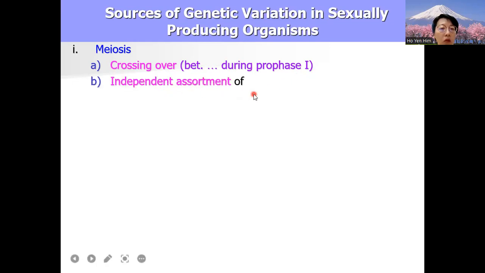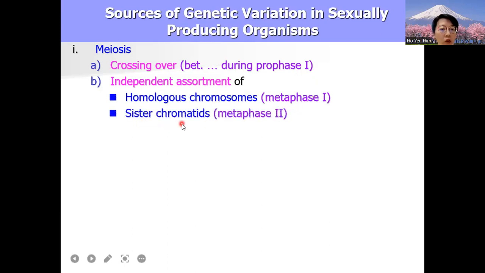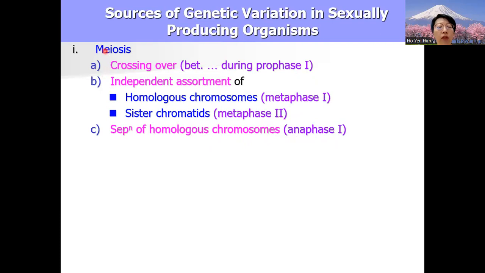Independent assortment of homologous chromosomes during metaphase 1 and sister chromatids during metaphase 2. And the separation of homologous chromosomes during anaphase 1. So all these three processes during meiosis can give rise to genetically variable gametes. So when the gametes fuse, the zygote, and therefore the organism that is formed, will all be genetically variable.